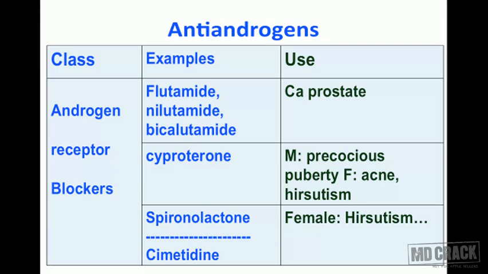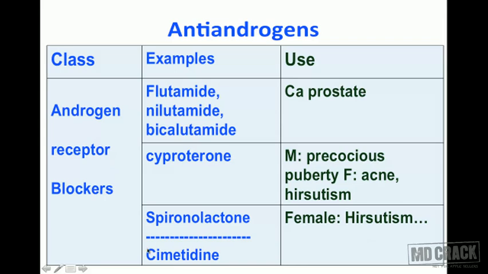This drug does have androgen receptor blocking property and is used in the management of hirsutism. This will help you to remember, when you do your spironolactone chapter, that spironolactone has adverse effects on the sexual system. The second drug I have written down is cimetidine. This is an older H2 blocker. It's not used now, but it could be used in the management of female hirsutism.